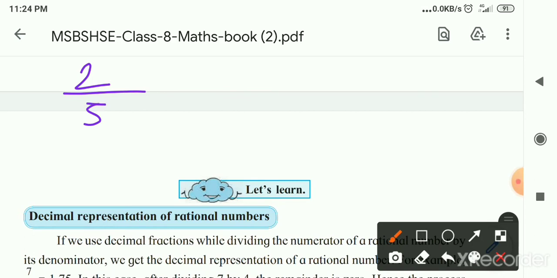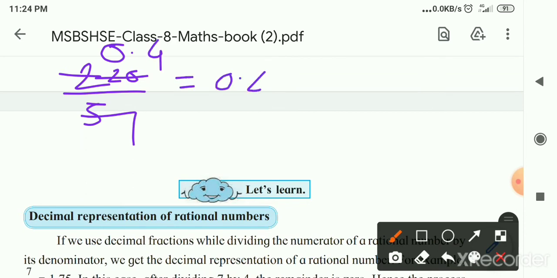As you know, 2 is smaller than 5, so we cut the 2 and write it here, and take 0 at this place. After that, we take the 0 on 2 because 2 is smaller, and then give the point here. 5 stable inside 20 is at which place? 5 4s are 20. So 5 1s are 5 and 5 4s are 20, which means its answer is 0.4. This is the decimal fraction.